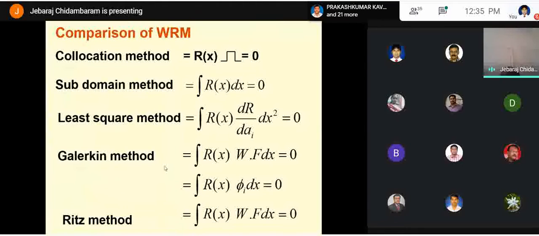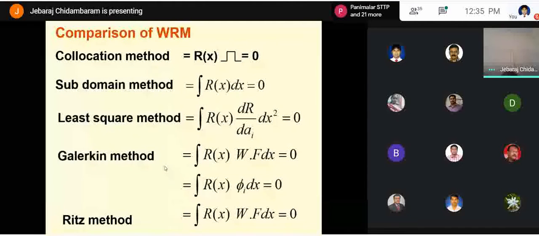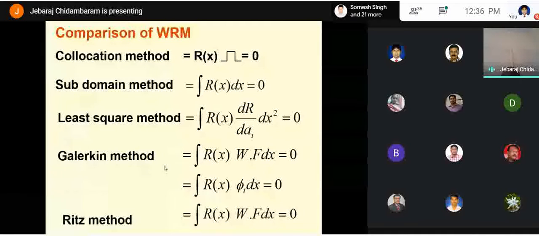Instead, if you find the square root of x1 square plus x2 square plus x3 square plus x4 square by 4, it is called the RMS value, root mean square value. Square it and find the average. The RMS value is better than the common average. So least square is better than subdomain. In subdomain, you integrate the residue. In the least square method, you integrate the square of the residue.